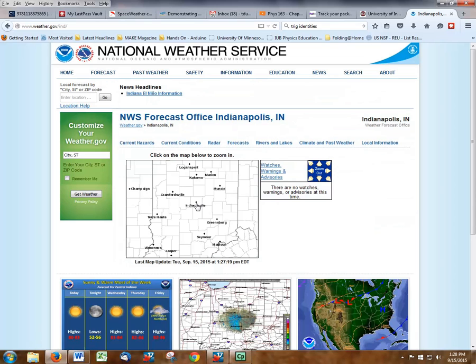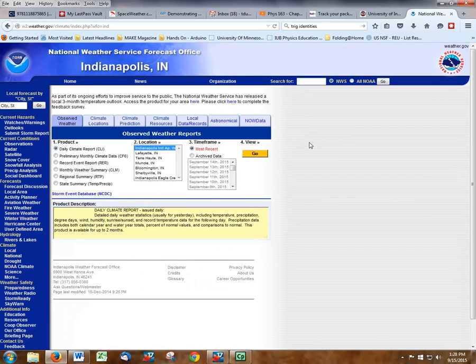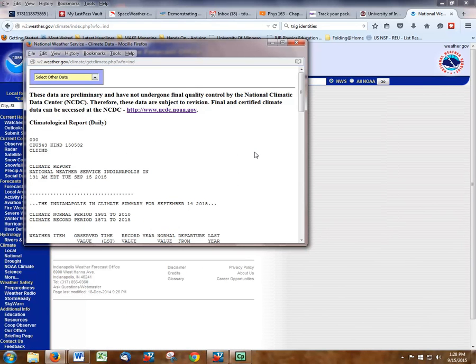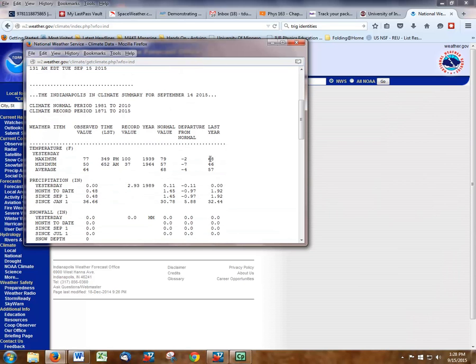And then after that, you want to click on climate and past weather. And then you can choose a particular city in Indiana. You've only got a few to choose from. I'm going to do today's temperature in Indianapolis. I want to look at the normal highs and lows, and that shows up in this graph under the heading of normal values.